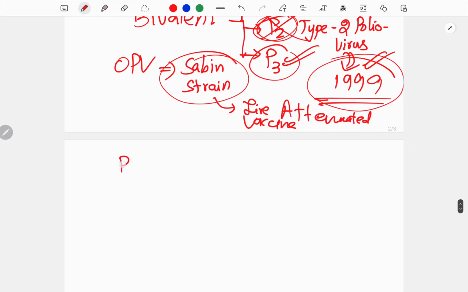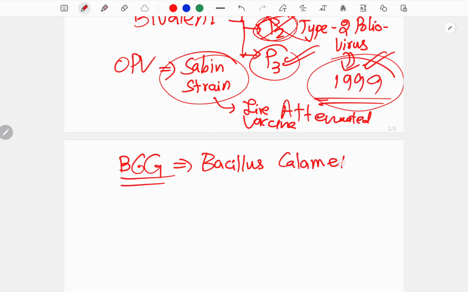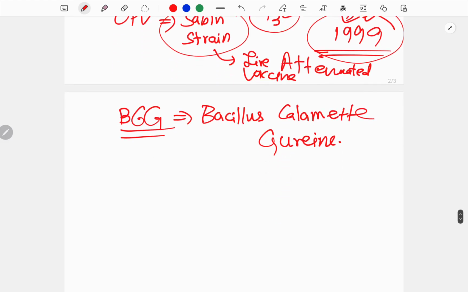Right? In BCG, that is Bacillus Calmette-Guérin, how much is given at birth? It can be given up to 1 year.